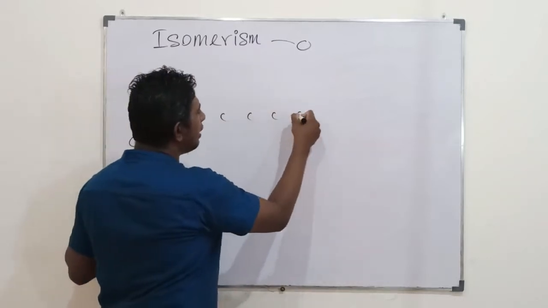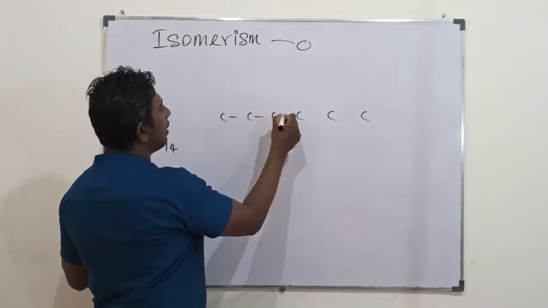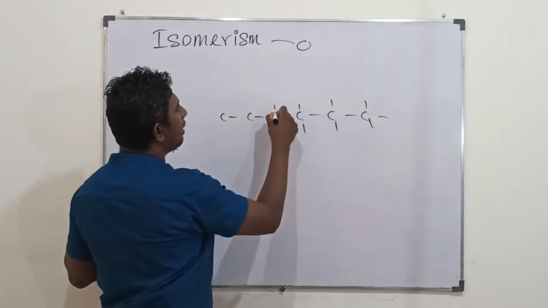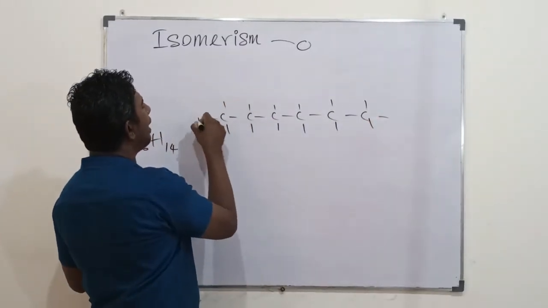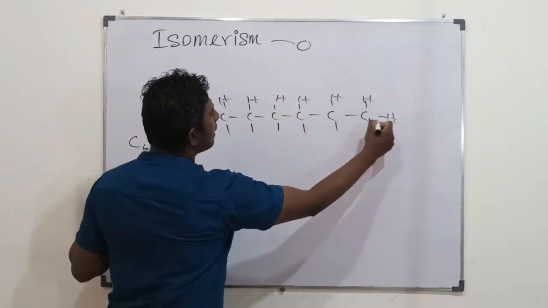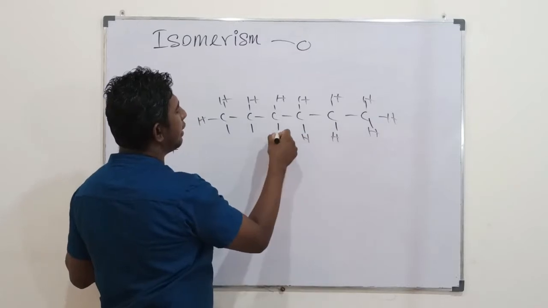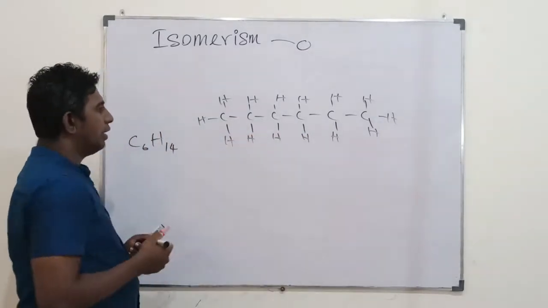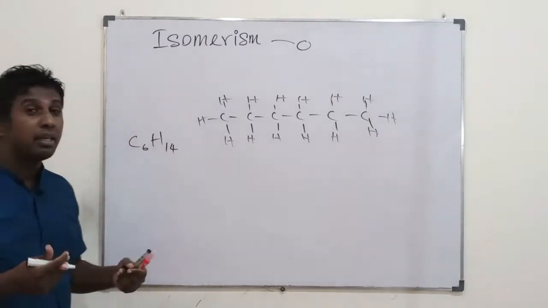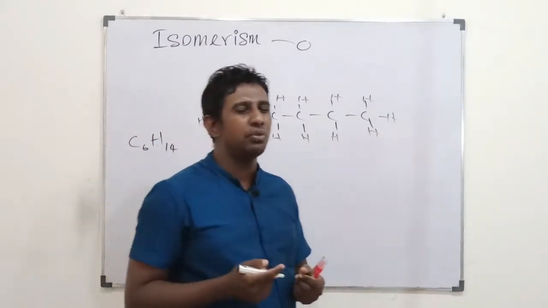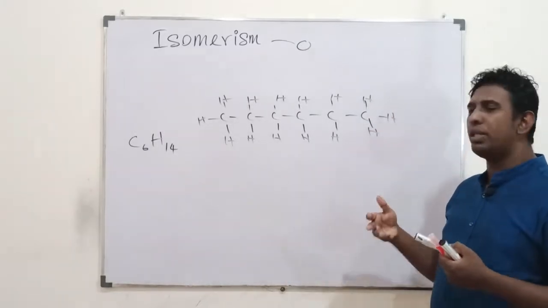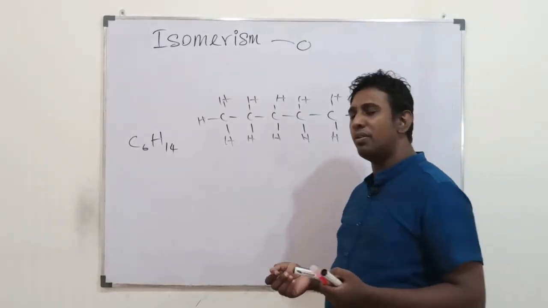I could draw it as 1, 2, 3, 4, 5, 6. With single bonds it's an alkane, so you don't have any pi bond there. All these H's here, this is hexane, the respective hydrocarbon. So 14 for 6 carbons is the maximum number of hydrogens you would get. You don't find any pi bond here, therefore the unsaturation number is 0.